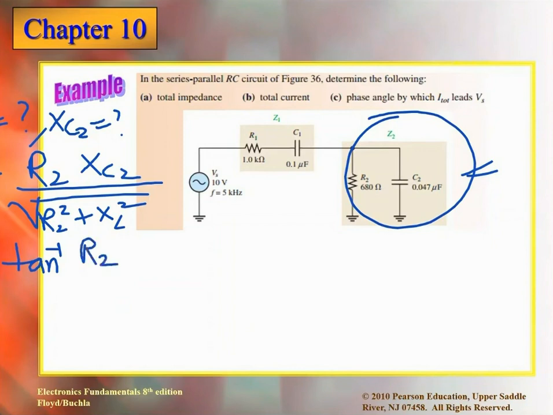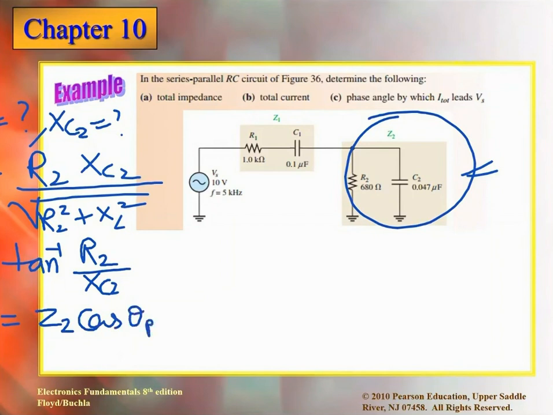Correct, R2 over XC2. Absolutely right, because it's a parallel circuit, so it should be R over XC. Now, once I get it, what should be my next step? Find the R equivalent. Absolutely right. So R equivalent should be Z2 cos theta p.